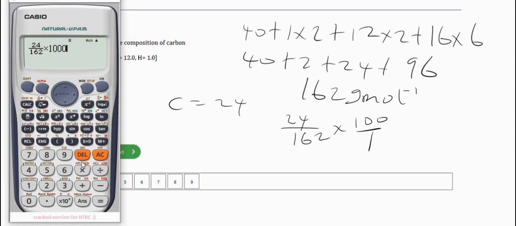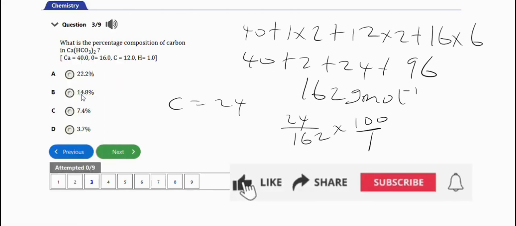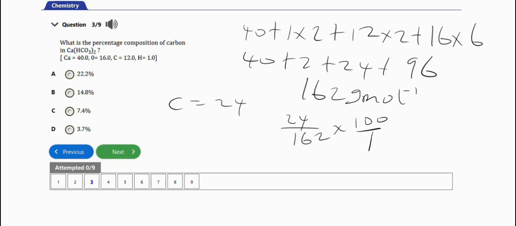Press equal to, press SD. We have 14.81, so about 14.8%. That's the percent composition of carbon. So the right option is option B. It's as simple as this. Let's wipe this now and solve the next repeated question.